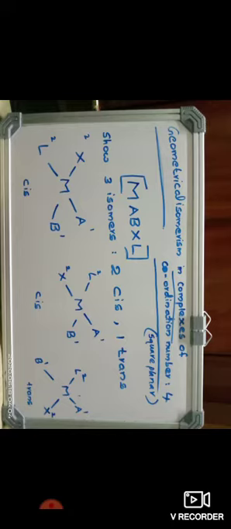That is, when the same priority ligands come adjacent to each other, it will be the cis isomer. And if the lower priority ligands become opposite to each other, we can say it is the trans isomer.